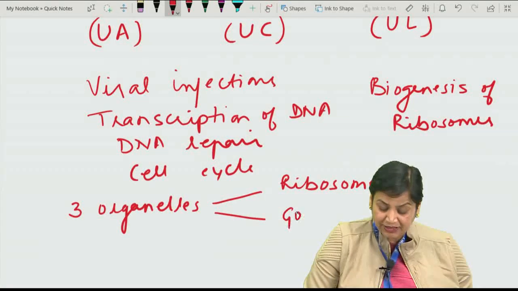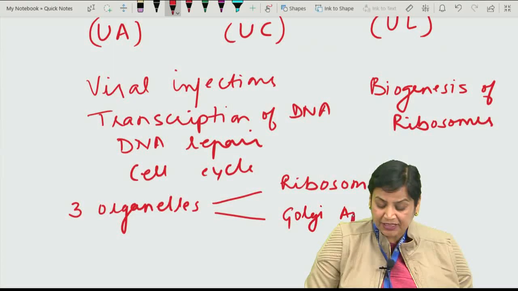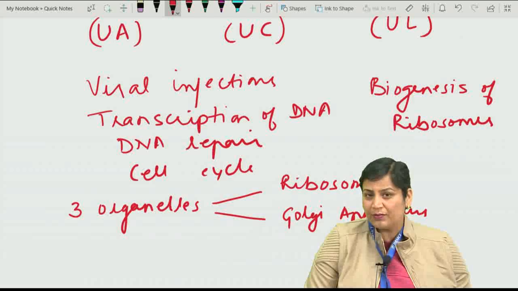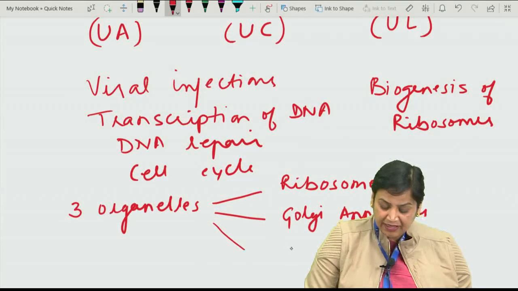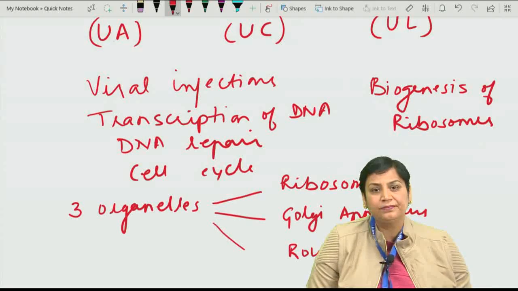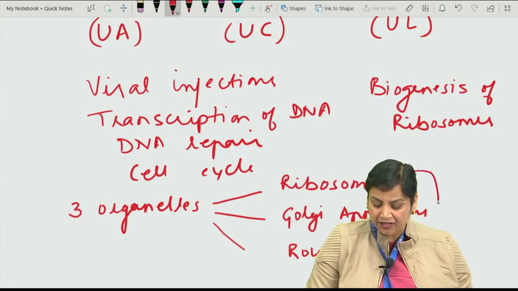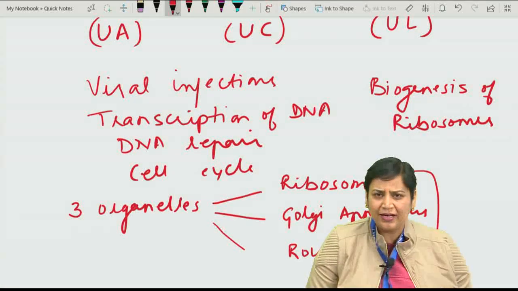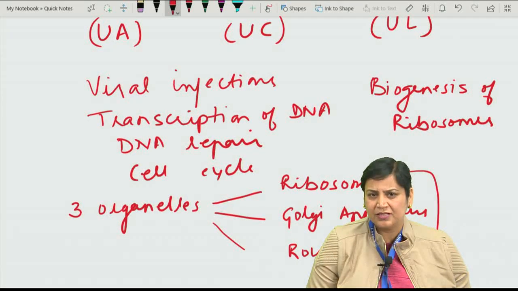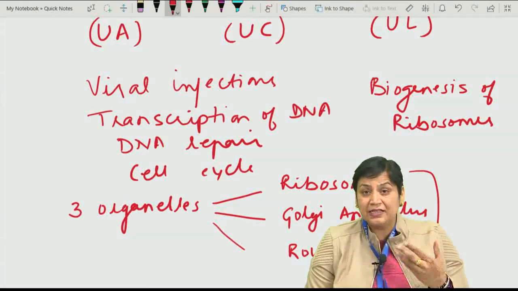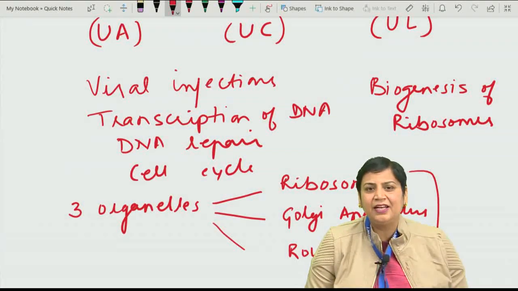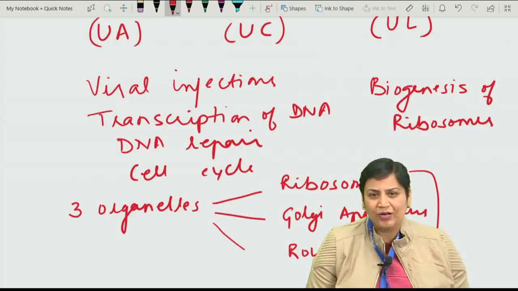Second is the Golgi apparatus, which helps in the synthesis and packaging of the proteins, and the rough endoplasmic reticulum. These are the three very important organelles which help in synthesizing, packaging and then sending it to their target organelles.